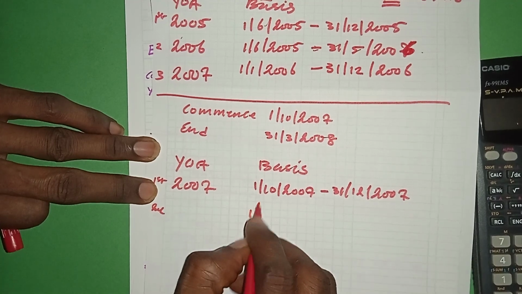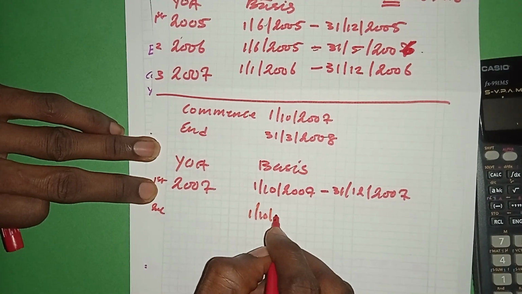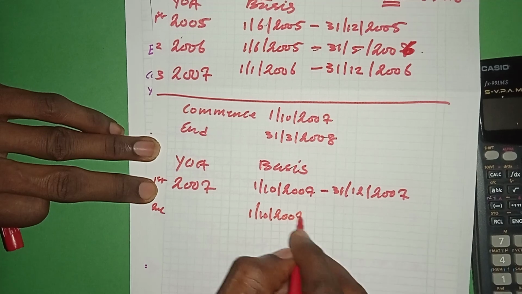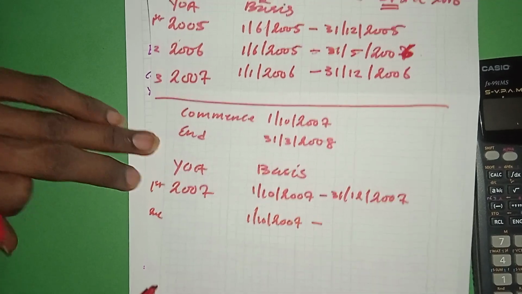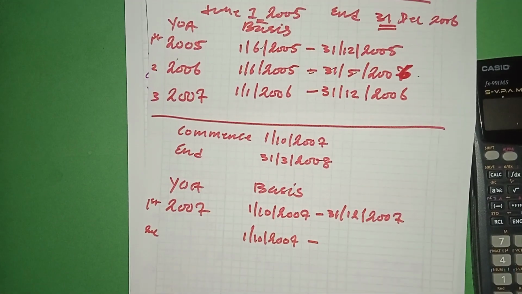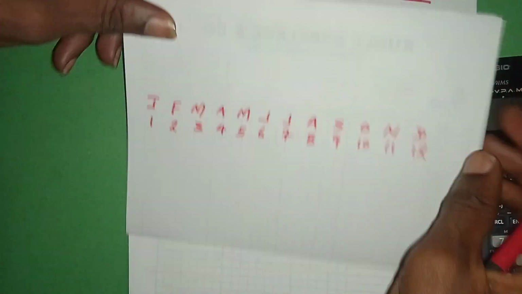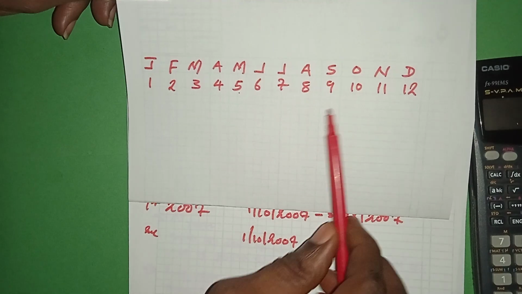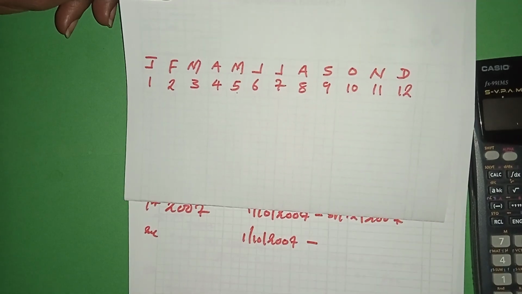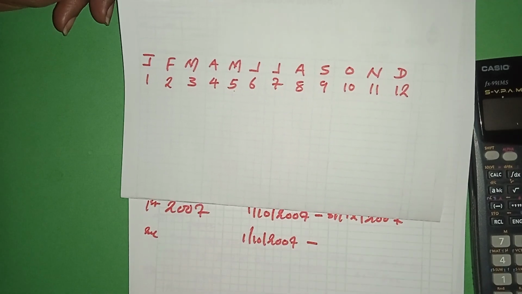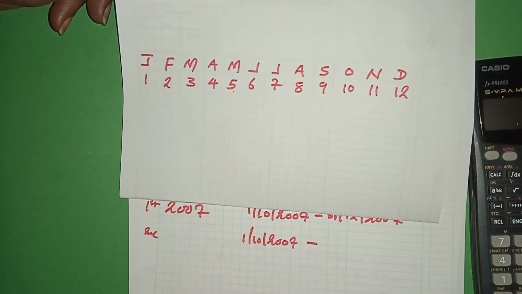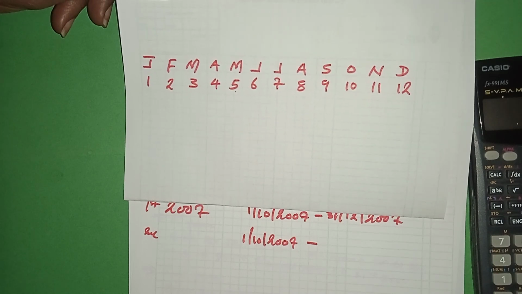Will now be 1st 10/27 to what? When you count, always count, or use your finger and count. This is October, the first month. This is 1st of October, so you are going to count it. But if it is 31st October, you are not counting it.